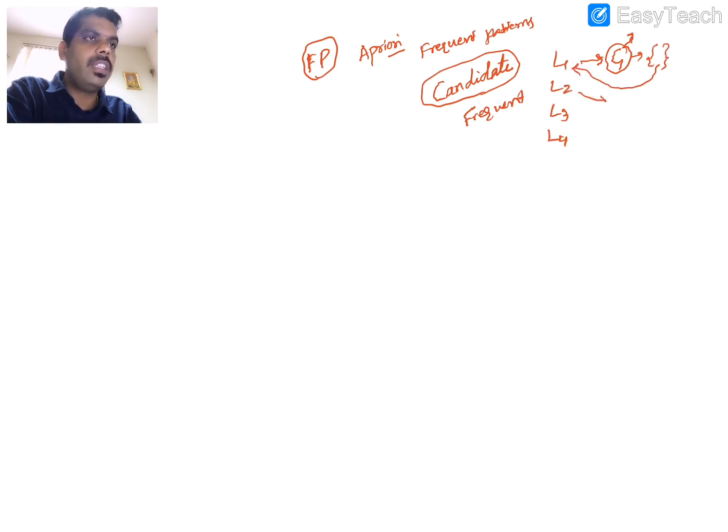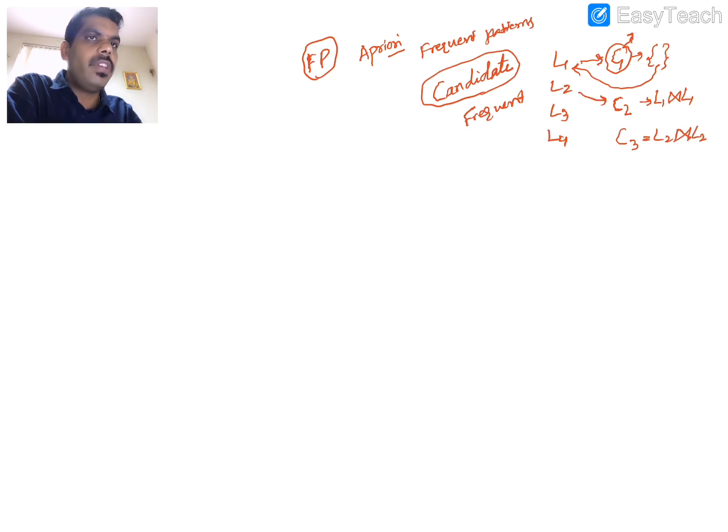In order to generate L2, we take the minimum support transactions mentioned under C2, and C2 is generated from L1 self joined with L1. Likewise, C3 is generated from L2 self joined with L2.